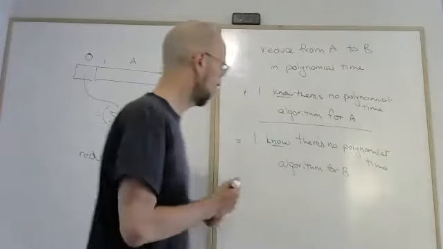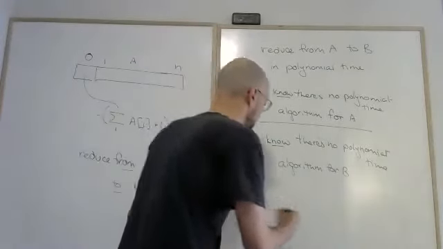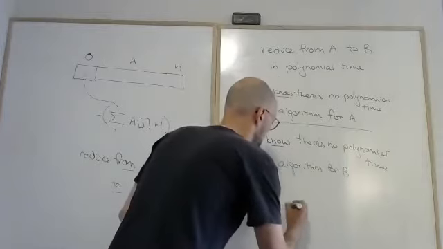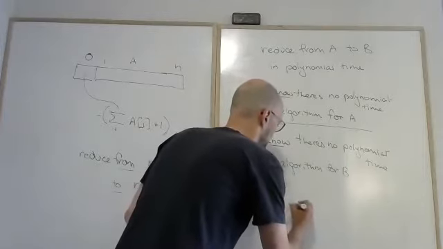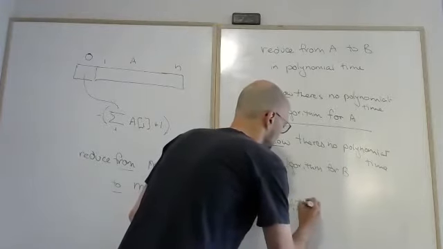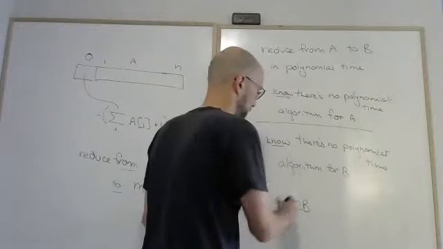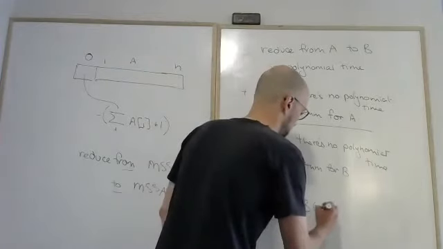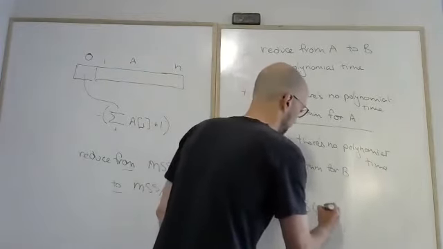Where you say, okay, you do A to B. So this is the reduction. I'm given an instance of A, say x.